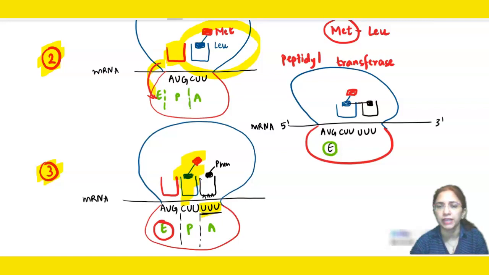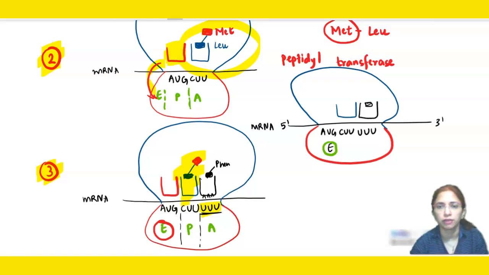Which means the peptide bond is going to happen between the blue one and the black one. Now, ahead of this step, what will happen? Let me make everything in the form of a tripeptide for you. So overall, in the end, what will happen?